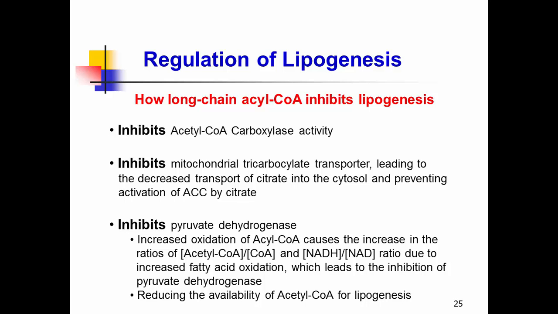So actually, long-chain acyl-CoA has multiple actions, and they work together to inhibit lipogenesis. Right? First is it inhibits ACC activities, and second it inhibits mitochondrial tricarboxylate transporters.